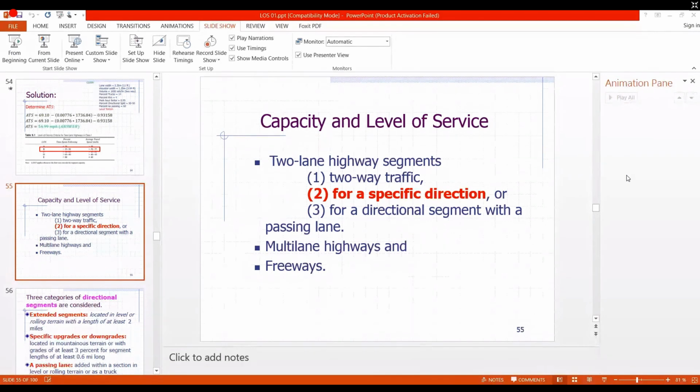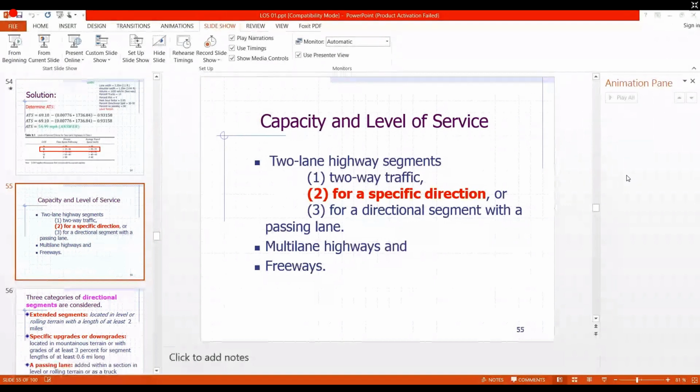But for a specific direction, specific lang yung ina-analyze natin. Say for example, for a highway which has a northbound and southbound direction, yung i-analyze lang natin dito is yung northbound or kung ano yung mas marami yung volume. But we are still going to use the southbound direction.